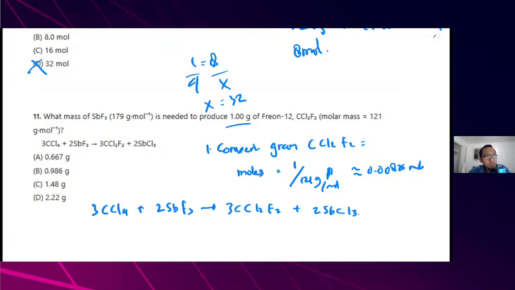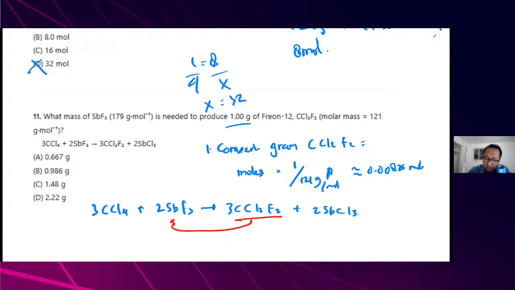As you can see, the 3CCl2F2 are formed from the SF4 here, so CCl2F2 comes from 2SF4.